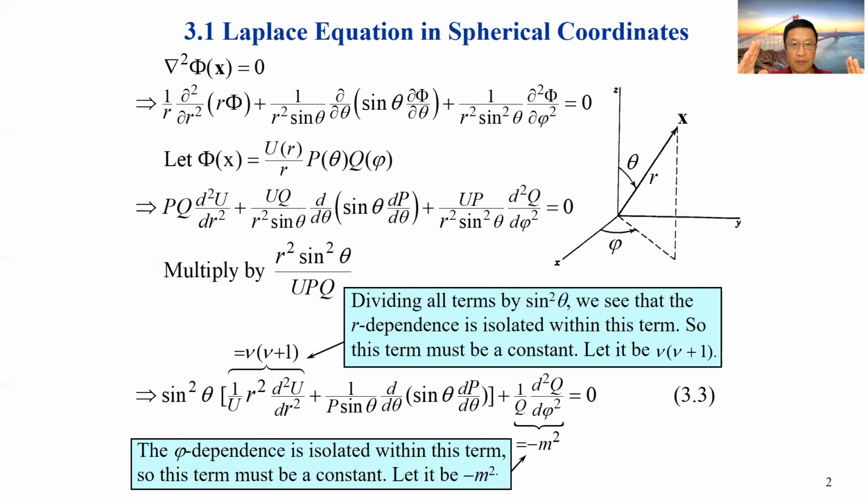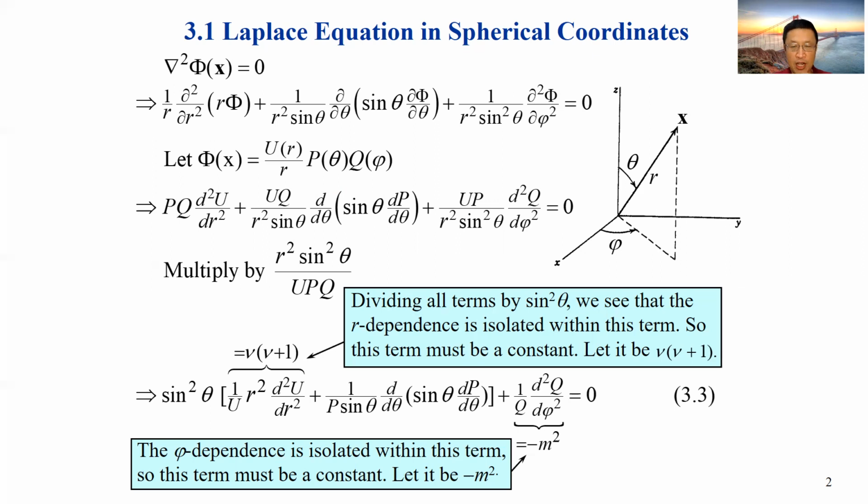Keep this in mind. Separation of variable just works for some simple geometry with symmetry. A simple geometry like infinite space, like a sphere, like a rectangular box, like a cylinder, then we can separate them.